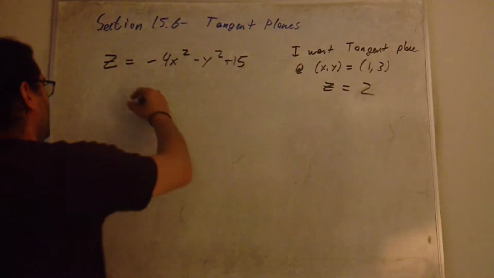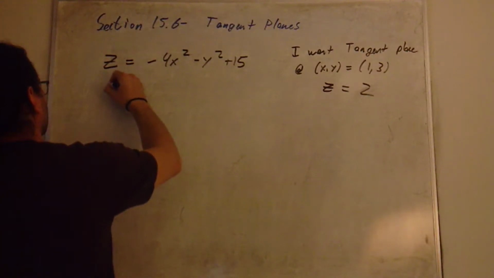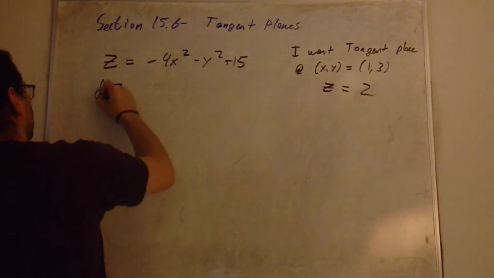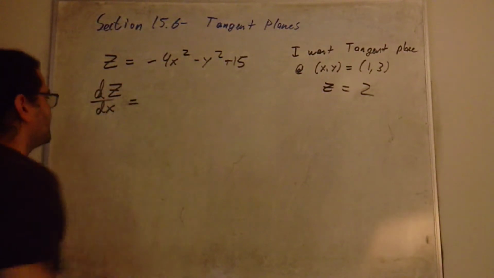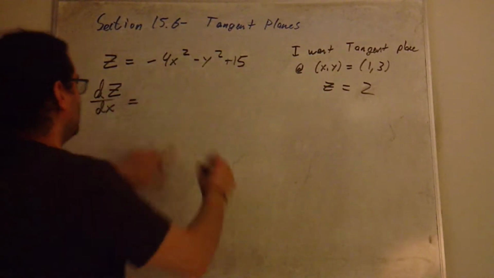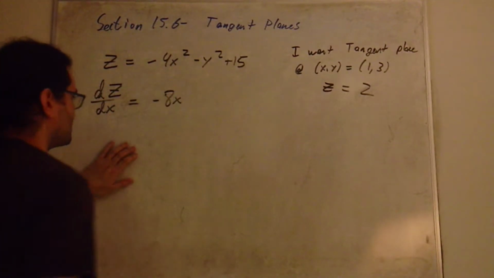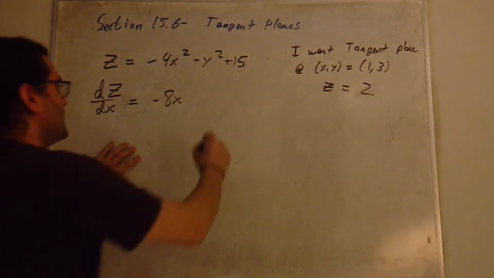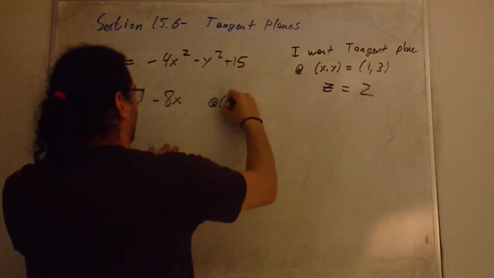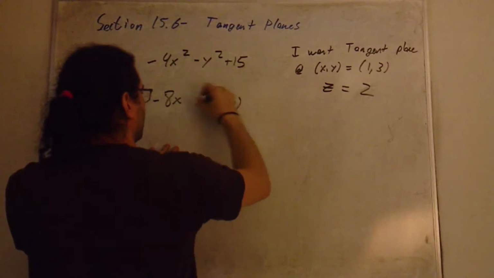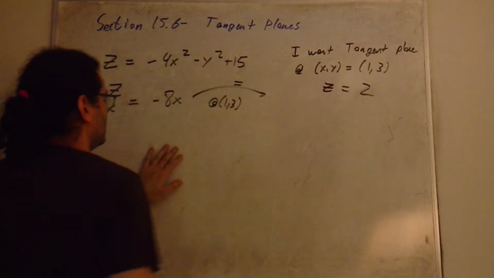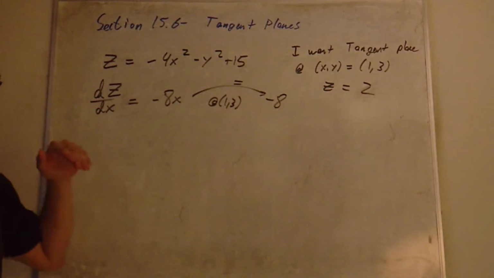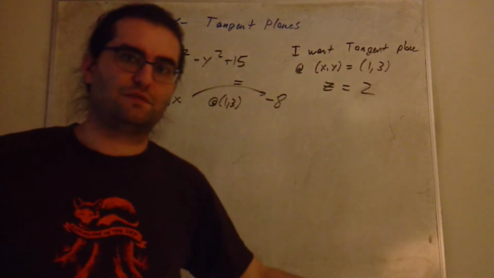We need a slope on the x-axis. I'm going to call that dz dx. That's going to be negative 8x. That's the partial derivative with respect to x. And at 1, 3, this is going to equal negative 8.